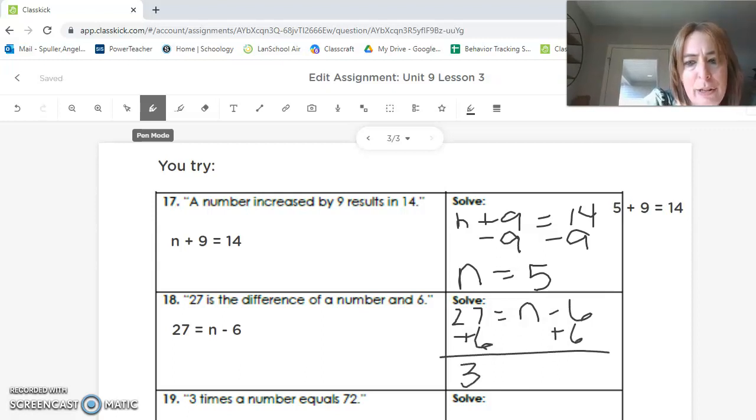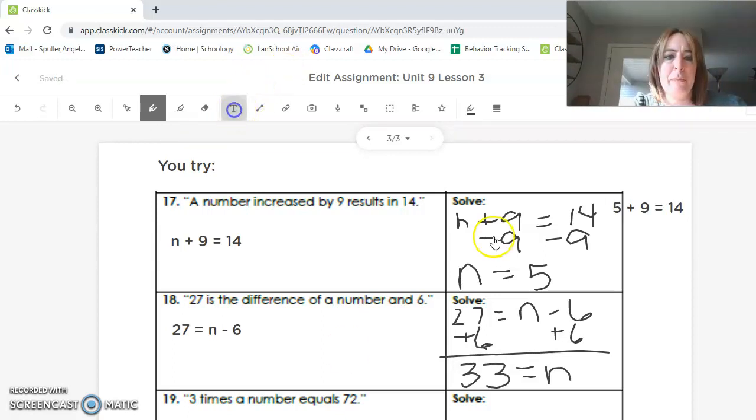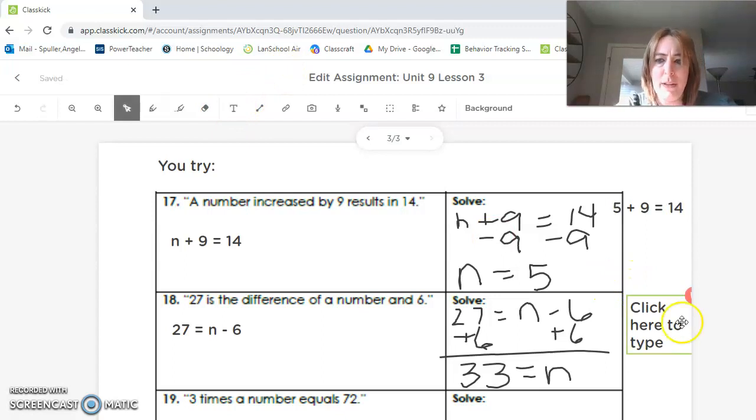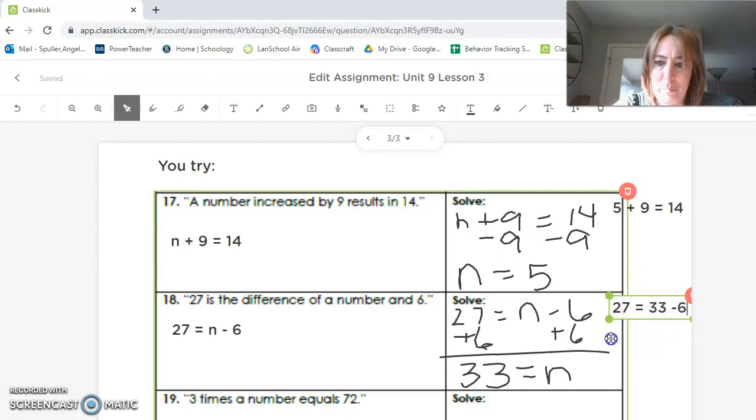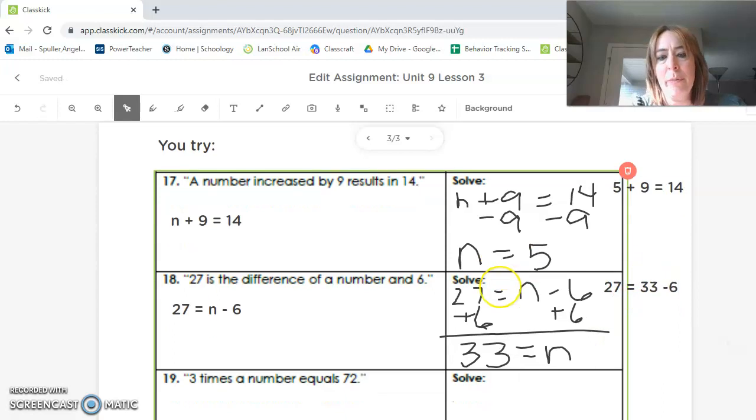I'm going to get 33 equals n. So let's prove it. 27 equals 33 minus 6. Is that true? Yep, that's true.